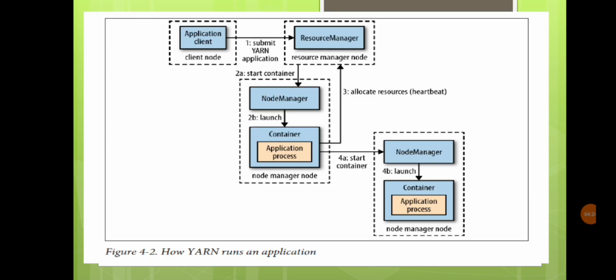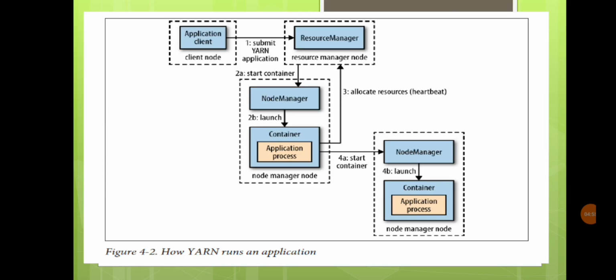The diagram shows how Yarn runs an application. These are the steps in pictorial form. Initially, the application client submits a Yarn application to the resource manager. Then the resource manager sends the heartbeat signals, which means allocating resources to the node manager.